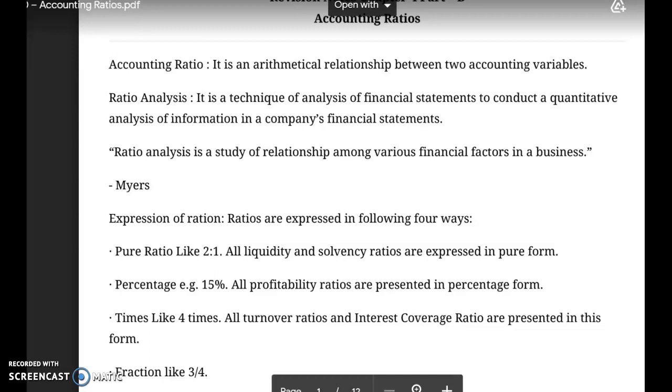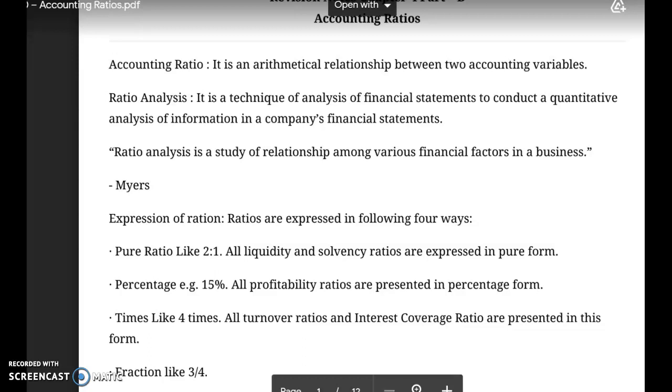Ratio analysis helps us to understand the conclusions and to prove them through the various variables given under the financial statements. So, ratio analysis is a study of the relationship among various financial factors in a business so that true or authentic conclusions can be drawn, and on the basis of that we could have the analysis or the future projection of our financial outcomes.